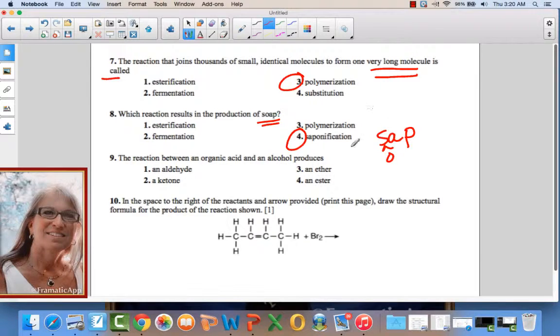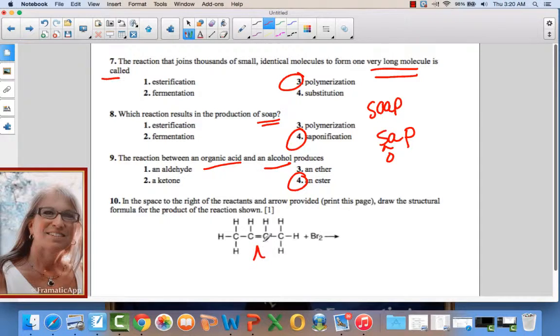So if you want to, it's saponification, but remember it as soaponification. All right, I'm getting punchy because I'm tired. The reaction between an organic acid and an alcohol produces an ester. That you kind of have to memorize.